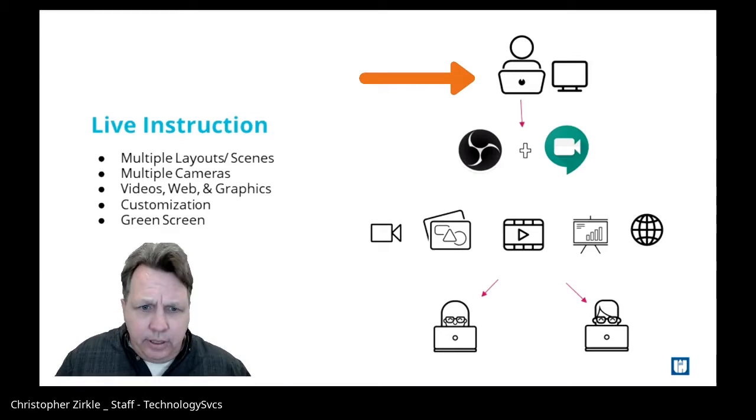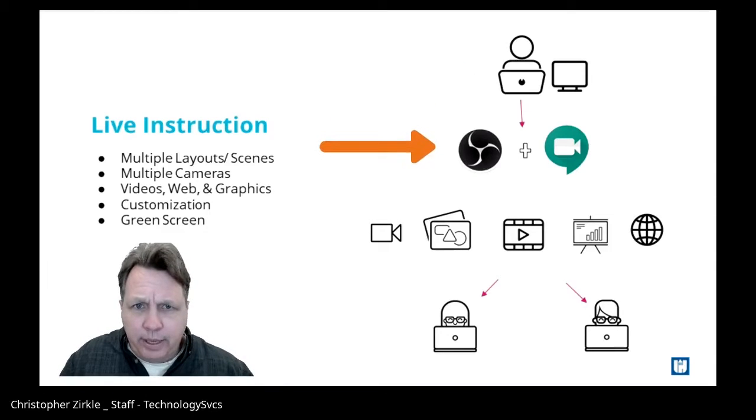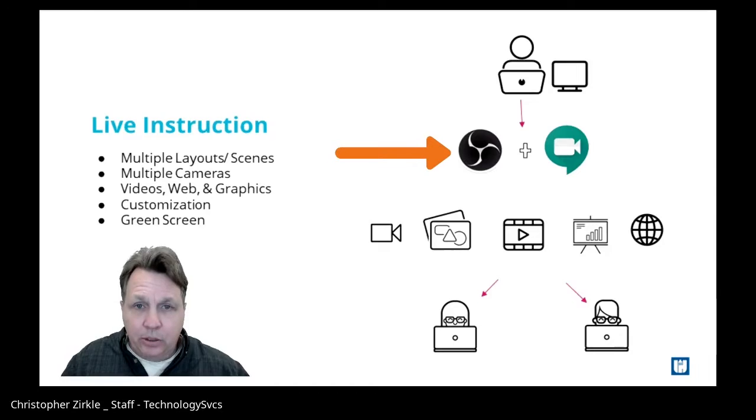Now, looking here at OBS, what you do is when you go to a Google Meet meeting, instead of choosing your webcam, you choose OBS as your camera. And when you do that, everything you present in OBS is displayed. So your camera, your webcam is displayed. The graphics that you'll pull up, like this arrow, will be displayed.